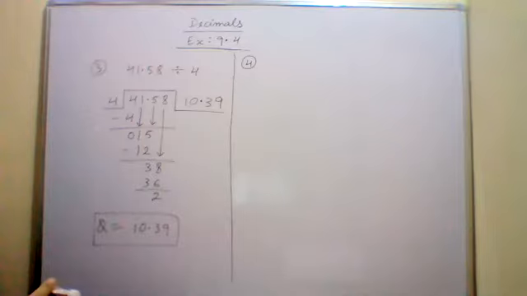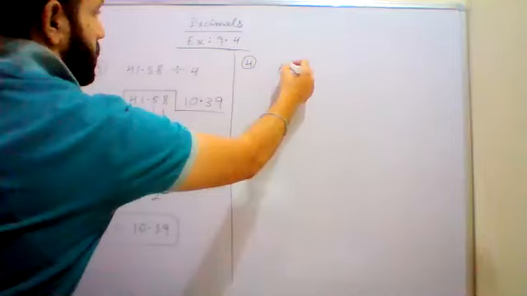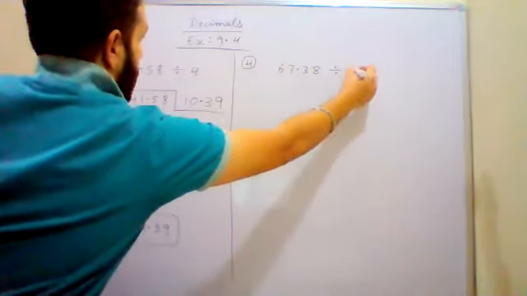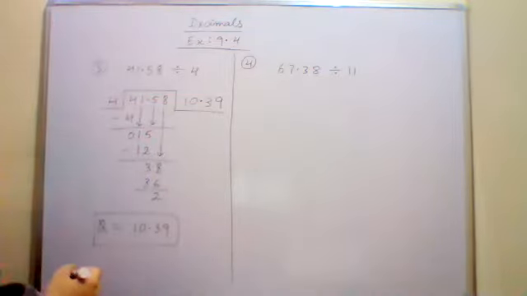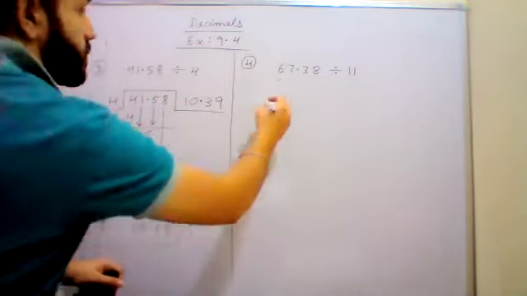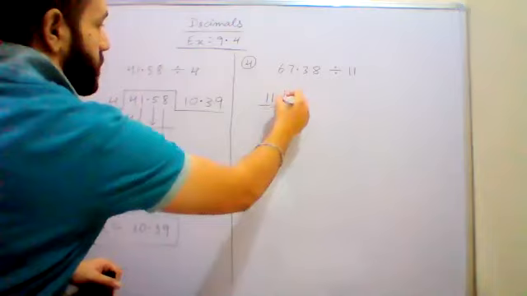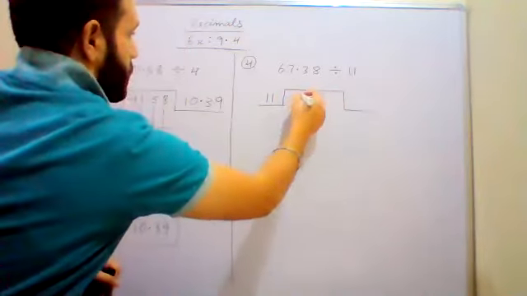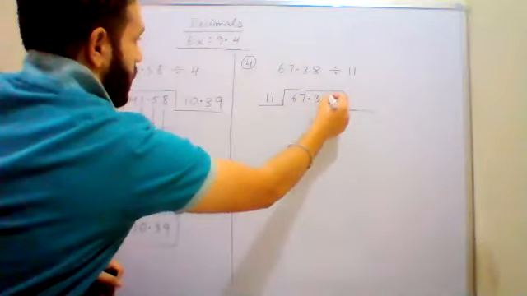Fourth one is 67.38 divided by 11. 67.38 divided by 11. So the divisor is 11 and the dividend is 67.38.